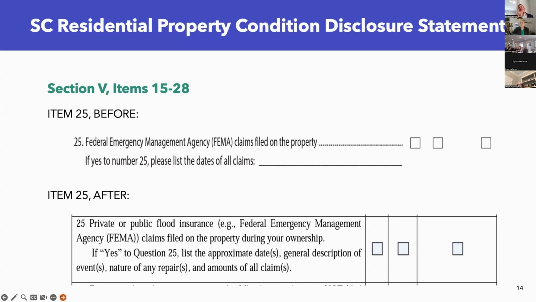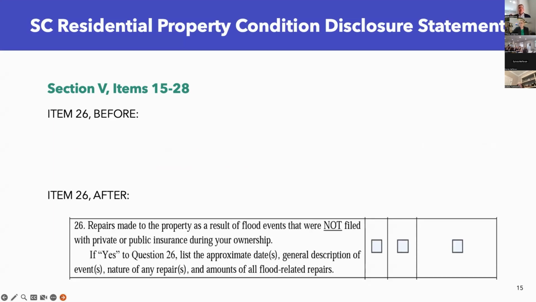As we continue talking about flood stuff, and I'm sure that part of this was motivated by as much coastal property as exists in South Carolina, but we also have to say repairs made as a result of flood incidents for which we did not make a flood insurance claim. This is brand new. This didn't exist before.